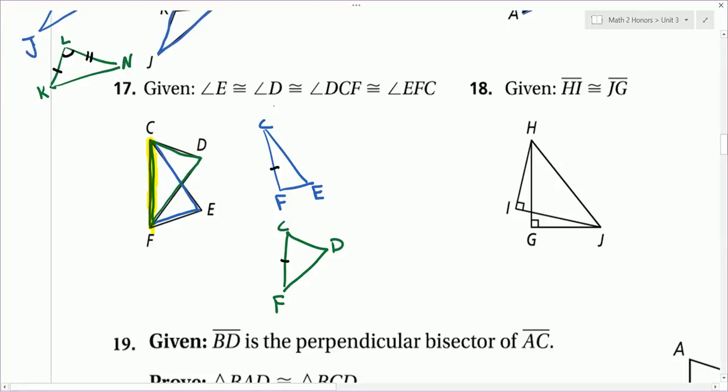And then mark the givens. So angle E matches angle D. And it also matches angle DCF. And it also matches angle EFC.